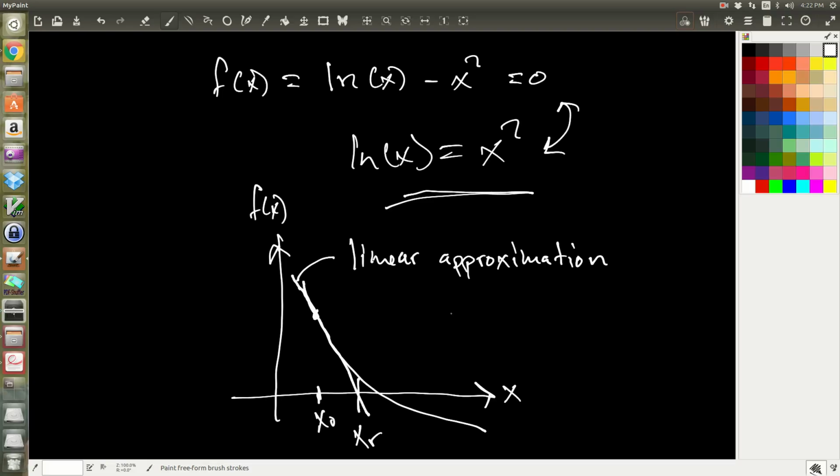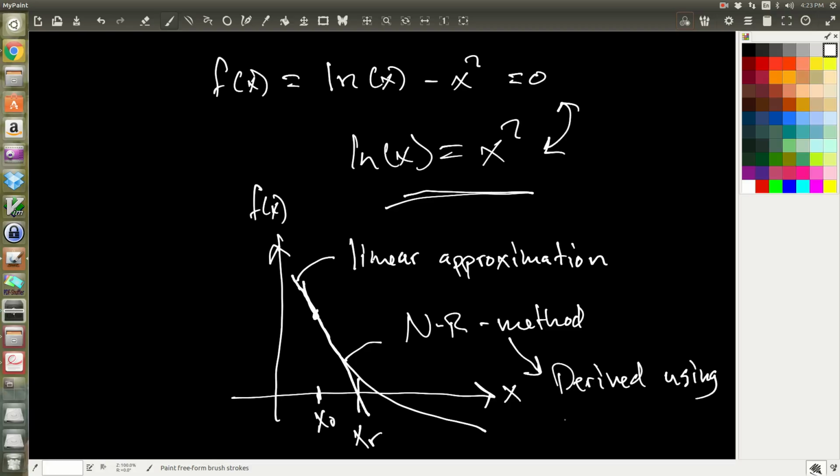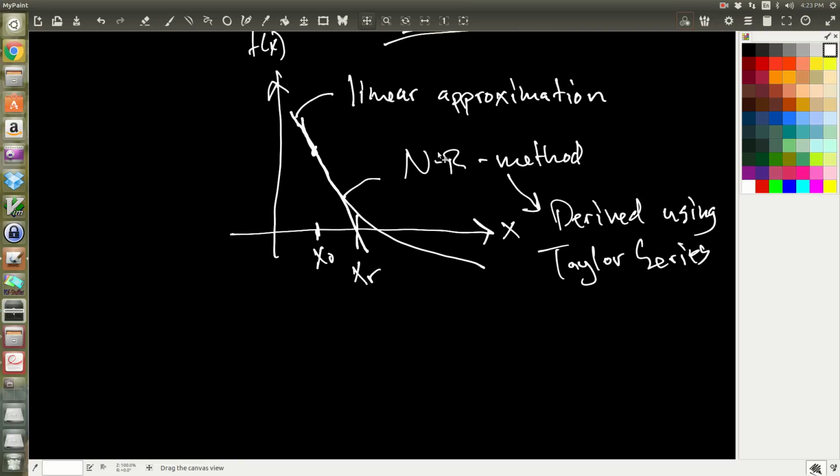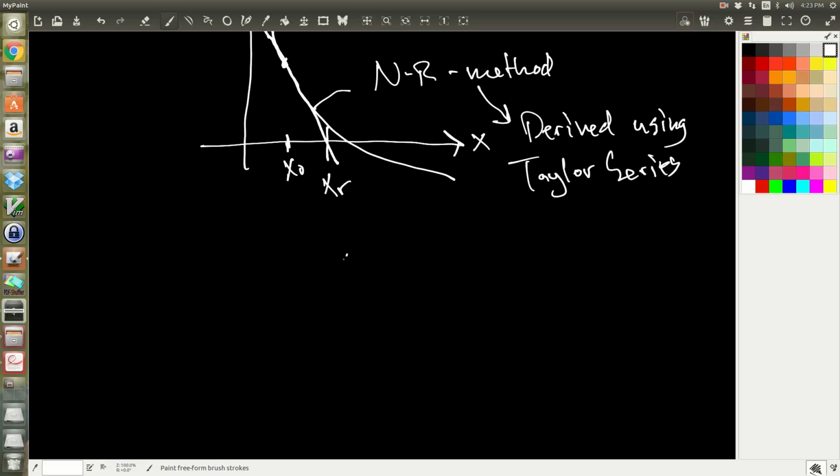Now, you guys might remember that one approach here, this is kind of describing the Newton-Raphson method. Well, we derived the Newton-Raphson method using Taylor series. So what we did was we said, okay, we've got our function f of x, let's approximate it as a line.